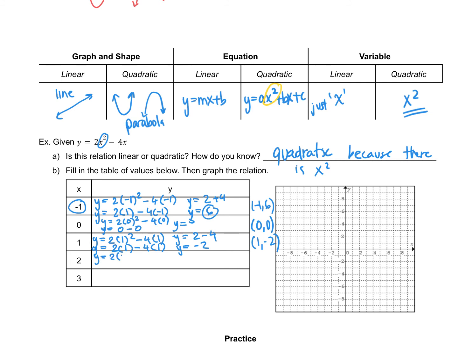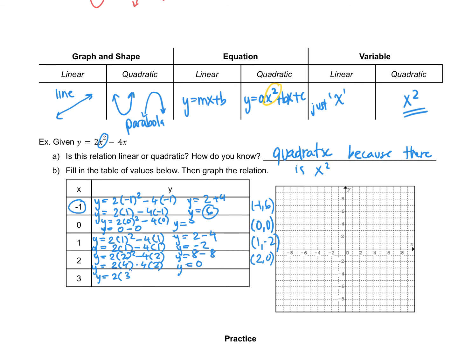So you're going to have 2 times 2 squared minus 4 times 2. 2 squared is 4. And now to clean up, 2 times 4 is 8. 4 times 2 is also 8. And that gives us 0. So 2, 0 is another coordinate. And we should already be seeing that symmetry in the fact that the y value is repeating.